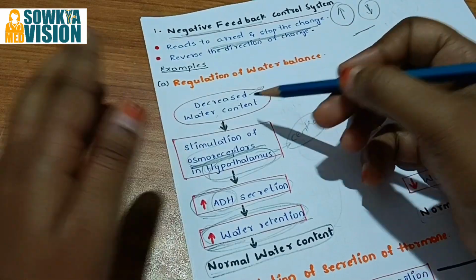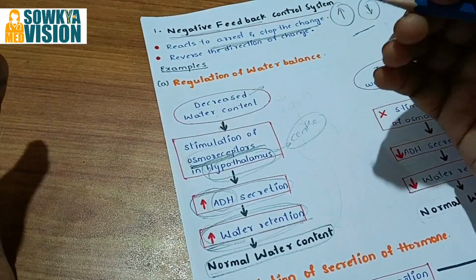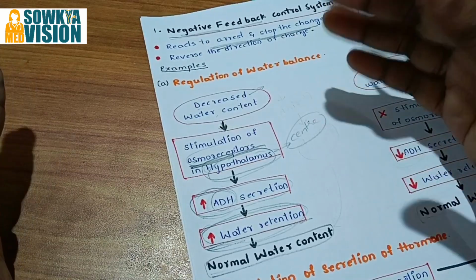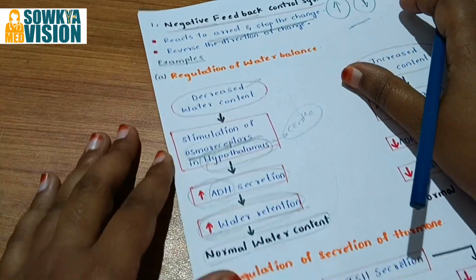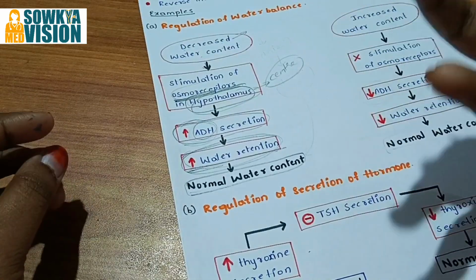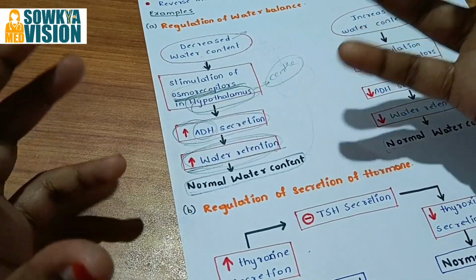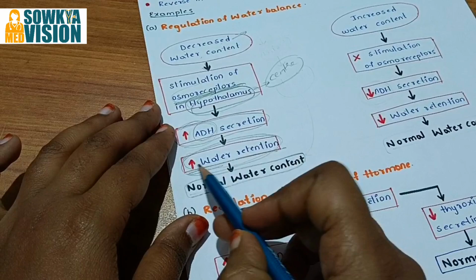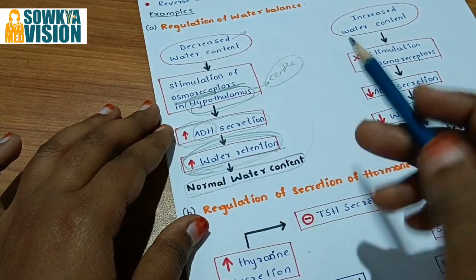Then homeostasis is achieved. Normal water content is achieved. Once again, if there is decrease in water content, the hypothalamus is stimulated. The osmoreceptor receives the information and gives it to the hypothalamus. So the hypothalamus stimulates the posterior pituitary to further increase ADH secretion, which reabsorbs the water and increases water retention.